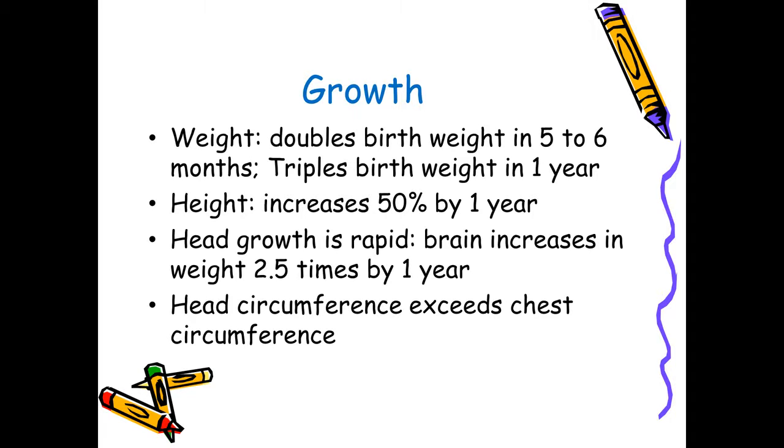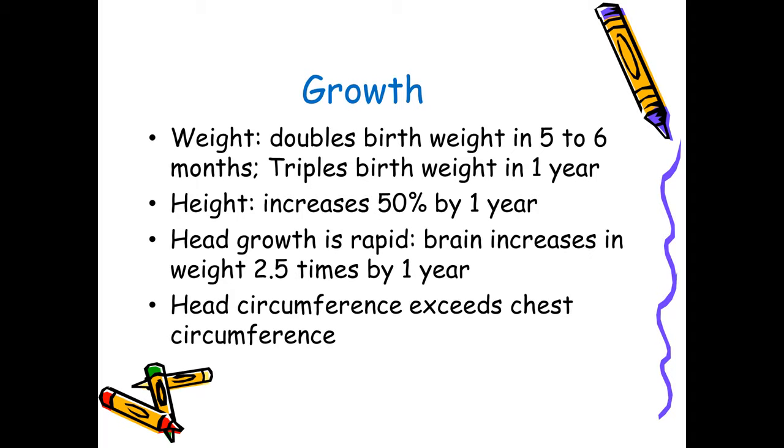The weight doubles from the birth weight within 5 to 6 months. It triples in 1 year. So once again, the weight doubles in 5 to 6 months and triples by age 1. So this is a very rapid time for growth.